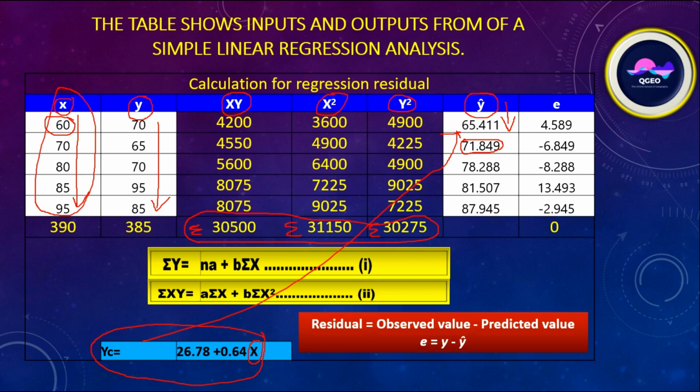So, what is residual? Residual is equal to observed value minus predicted value. We had already seen the equation: E is equal to y minus yc. Here the y value will be 70, but putting the value of x 60, we get 65.411.